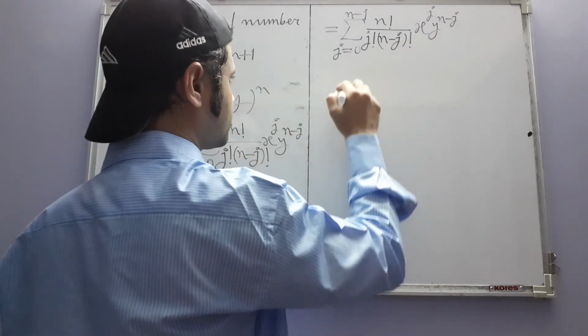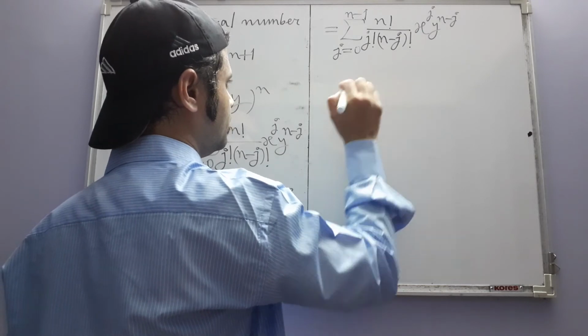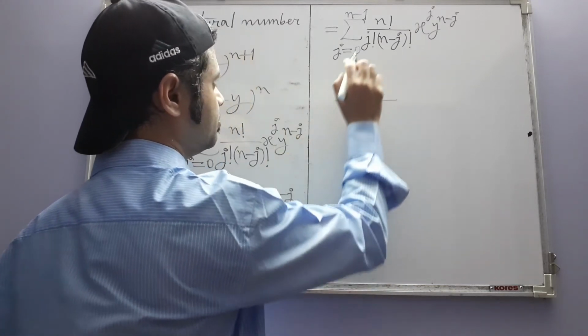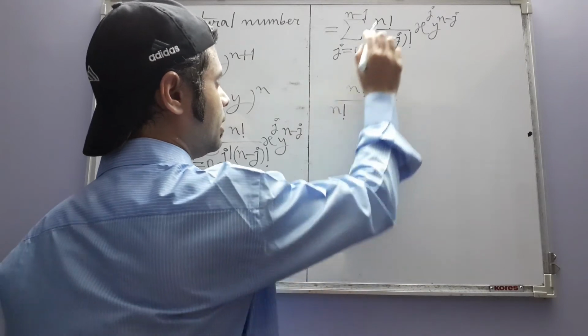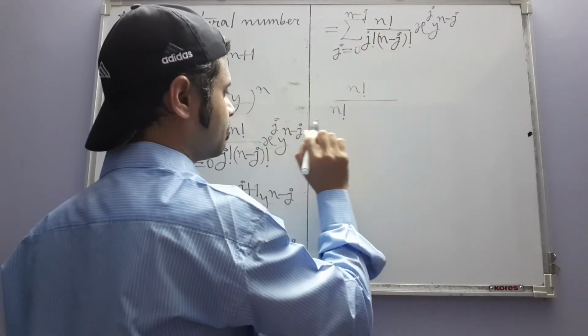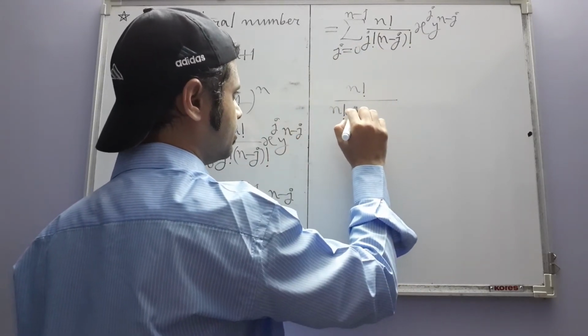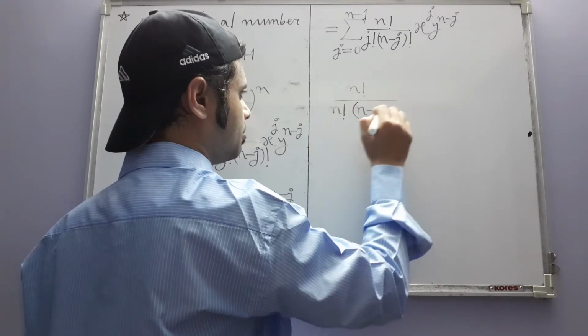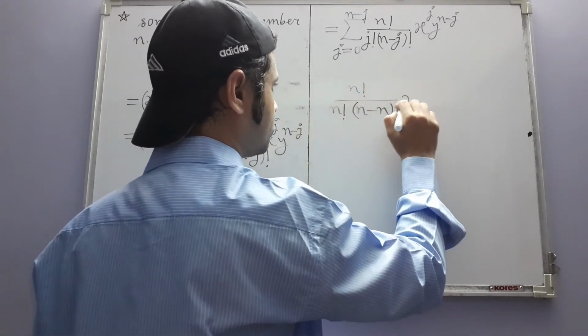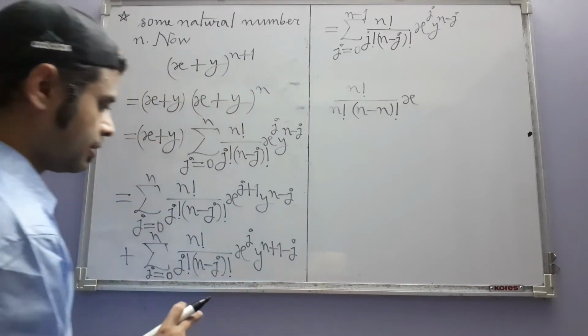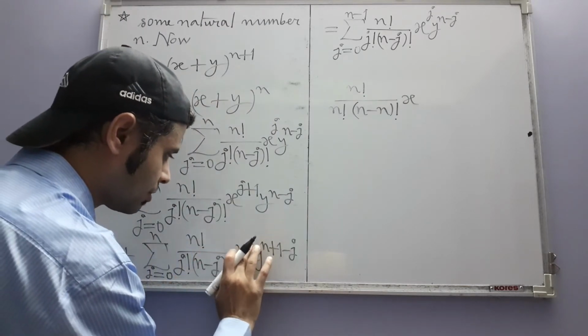Now let's just see what we will get if we put j equal to n here. N factorial divided by j factorial will become n factorial, and n minus n factorial x to the power, oh, I think I have already made a mistake.